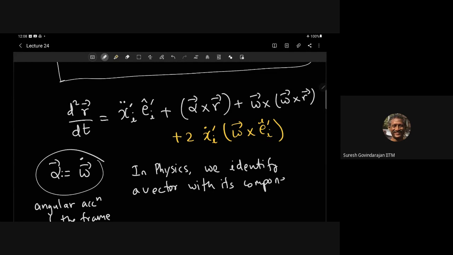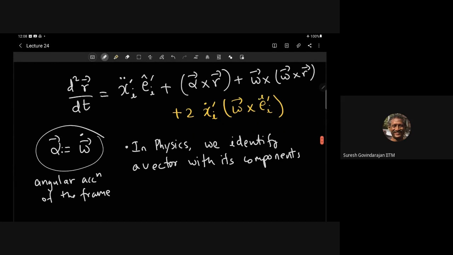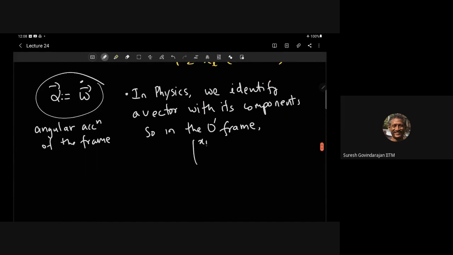Nothing wrong with it, but it comes with some price. So in the O prime frame, we would just say x1, x2, x3 primes is the components of x. Okay, which is correct.